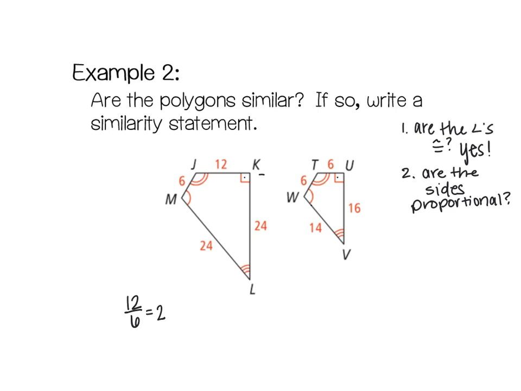And then I go to the next one, so KL and UV, so 24 over 16, which does not get me 2. And at this point, since I have one that's 2 and one that's not 2, I know they're not proportional, so I can just say not proportional. If they're not proportional, you can't have a similarity statement.